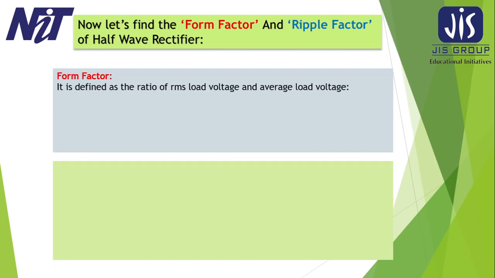First, let's see the form factor. It is defined as the ratio of RMS load voltage and average load voltage. So we can find the form factor by dividing Vrms by V average.